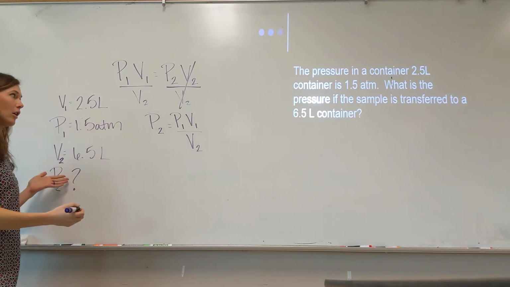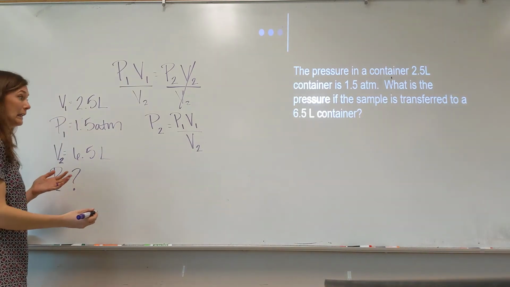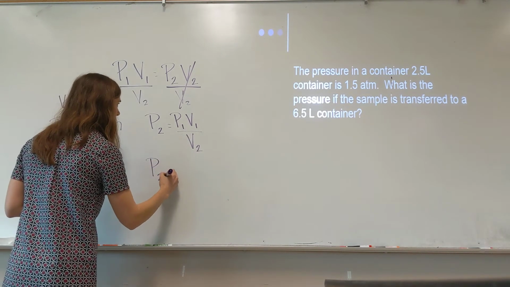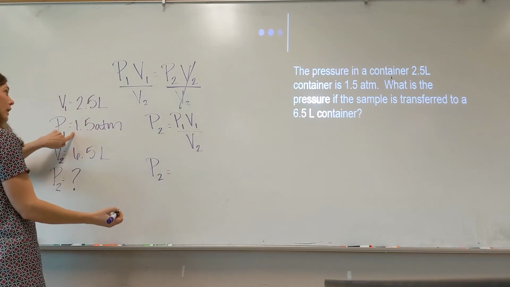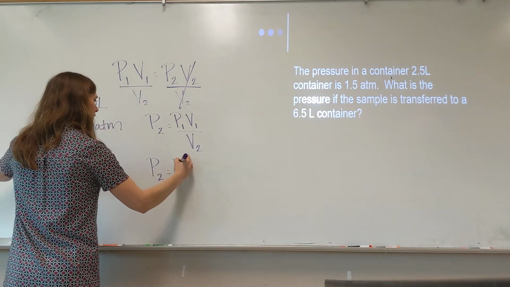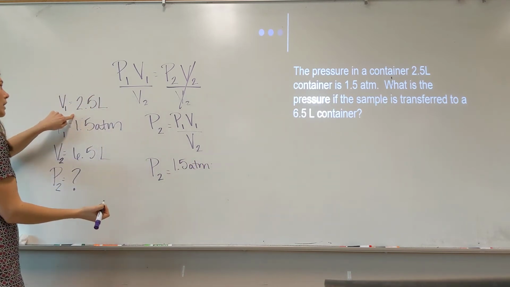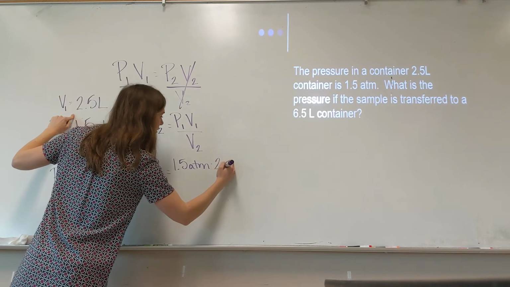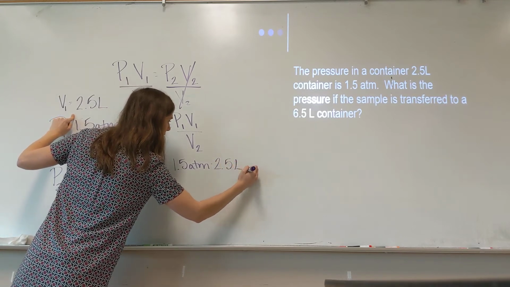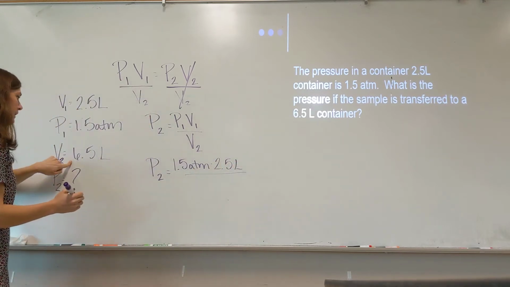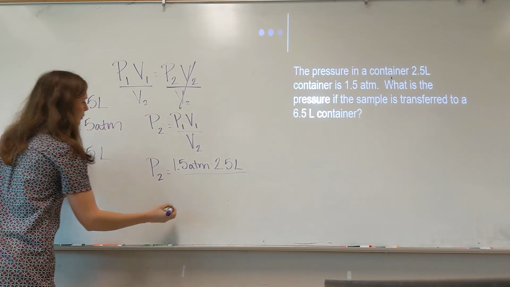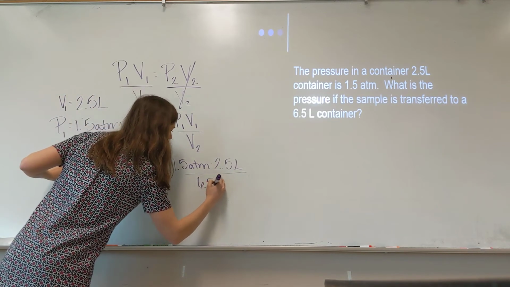And now I can plug all the variables that I know in. So I have P2 is equal to P1, which is 1.5 atmospheres, multiplied by V1 is 2.5 liters, and divided by V2 is 6.5 liters.